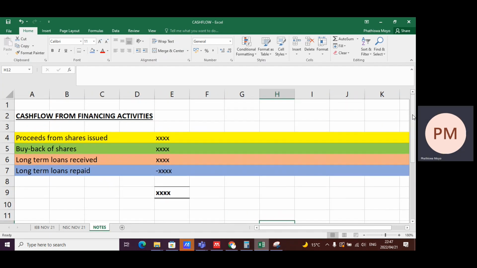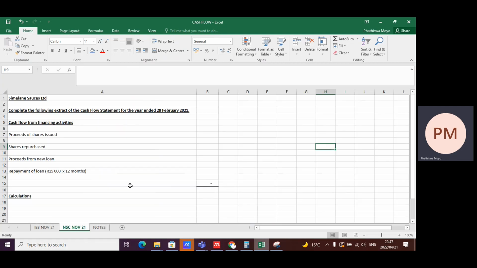Cash flow from financing activities: it's the proceeds from shares issued, buyback of shares, long-term loans received, long-term loans repaid. And remember, guys, all of this must be at the cash that was used, not at some accounting entry.